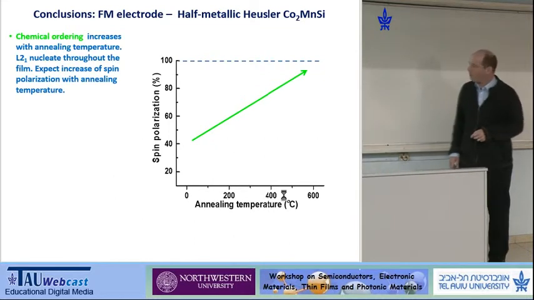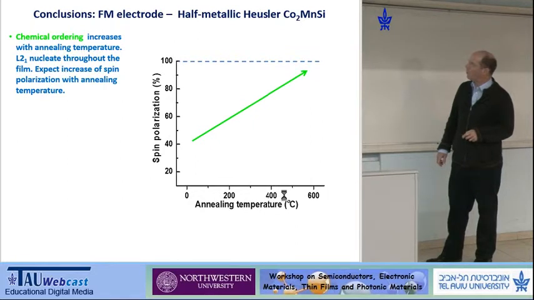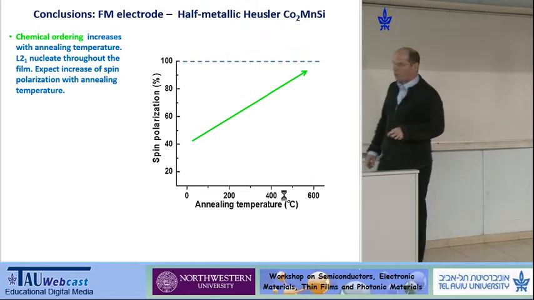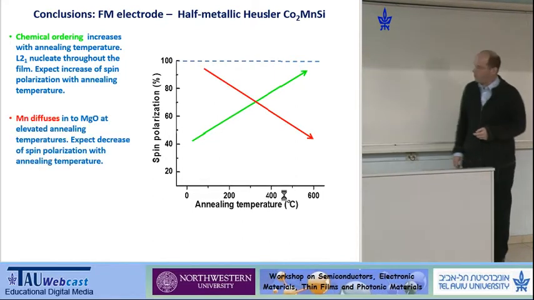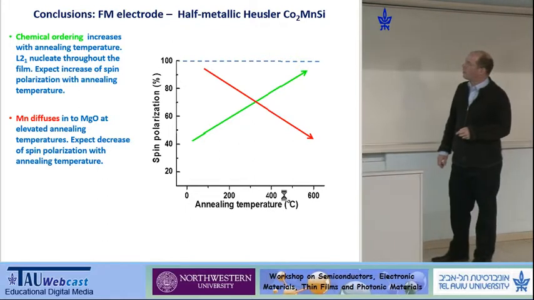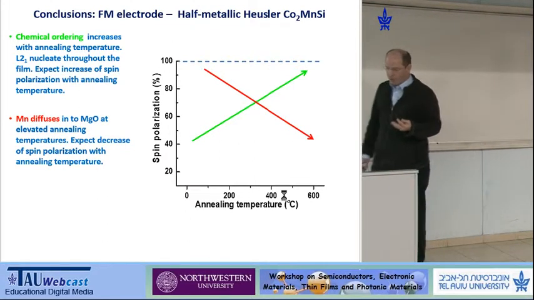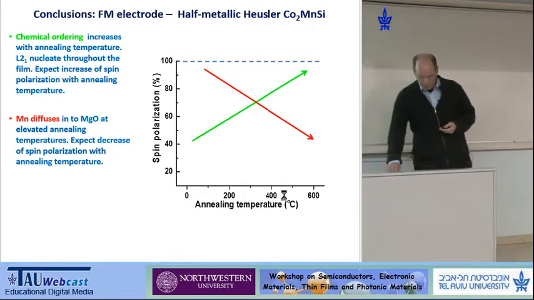So basically, if we summarize very briefly, the material should be fully spin polarized. And in terms of chemical ordering, the structure just goes up. So we should have expected an increase in polarization as a function of the annealing processing temperature. But we see that there's diffusion of manganese into the magnesium oxide. So this changes the compositions, changes the tunneling properties.